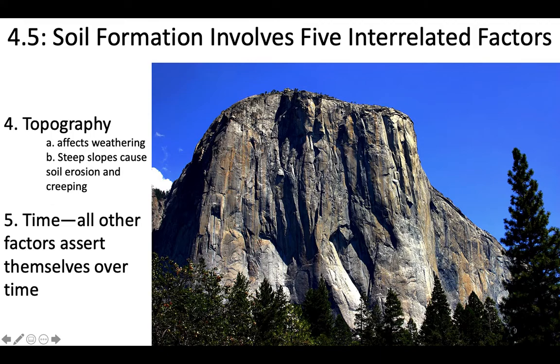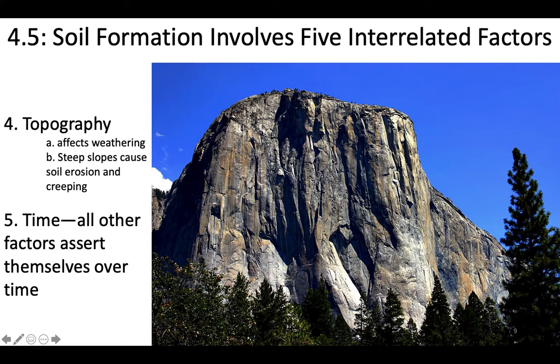It was terrifying, but this is a great example of how topography can affect weathering. So this is just an entire slope that's been affected by mechanical weathering, and probably also some sort of large event that caused large pieces of this to fall off at some point.